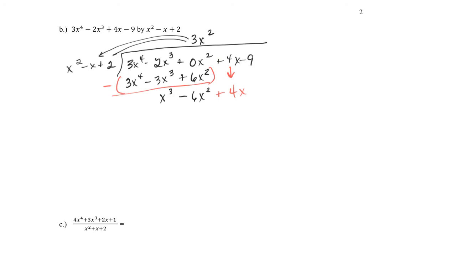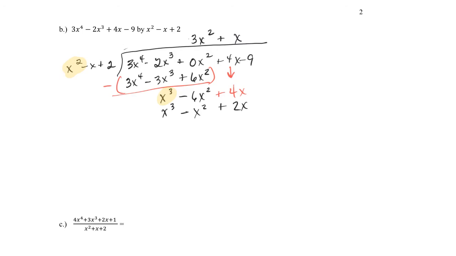So now I need to know, what do I multiply x squared by, my first term here, to get x cubed? And let me clean some of this up a little bit, because otherwise this is going to be a mess. So x squared multiplied by x. Notice this is stacked in the x column. So x times x squared is x cubed. x times negative x squared. x times 2, positive 2x.